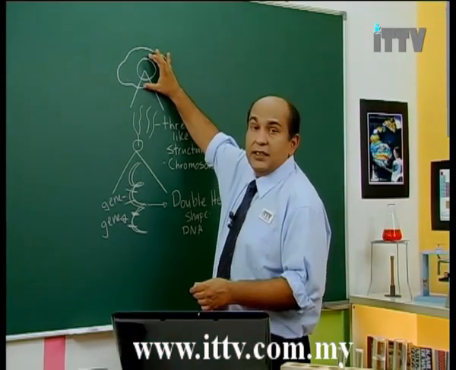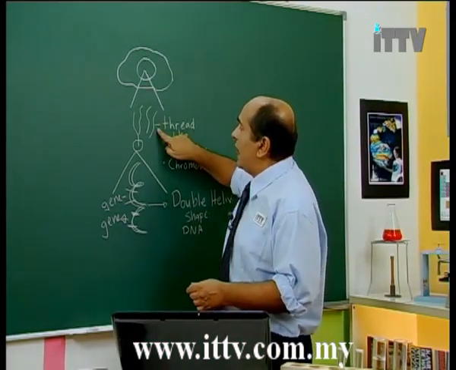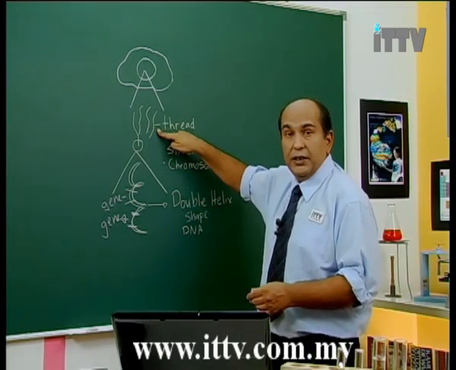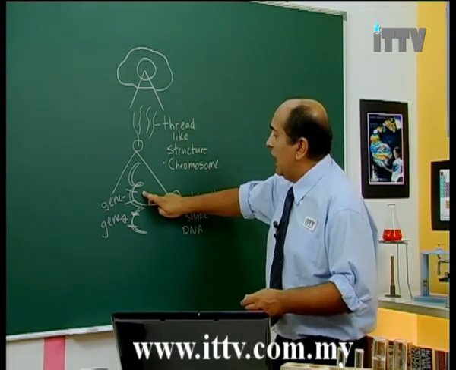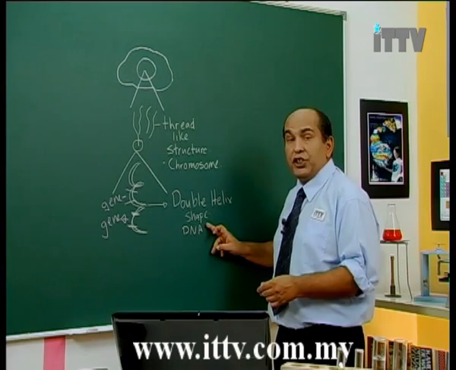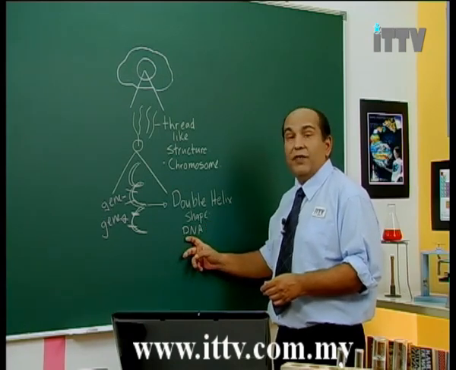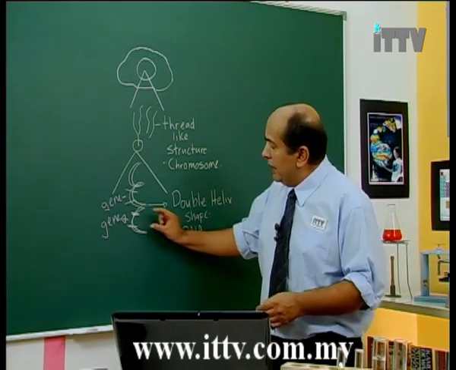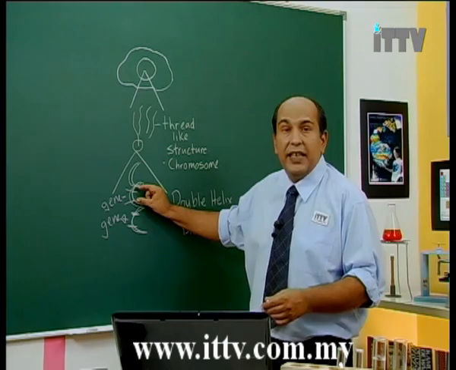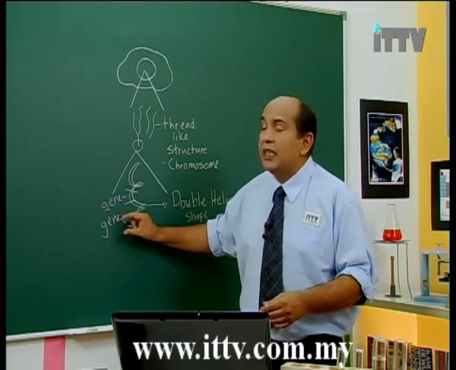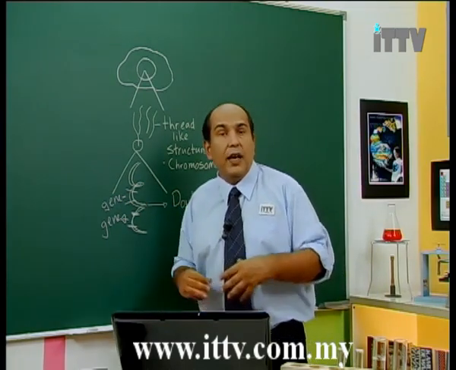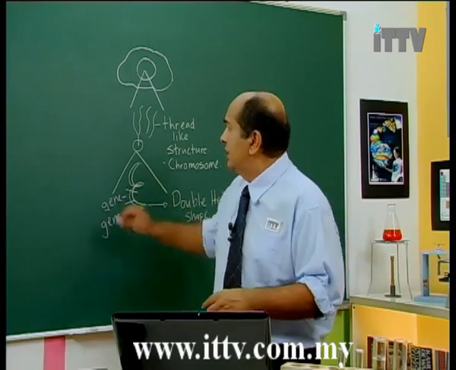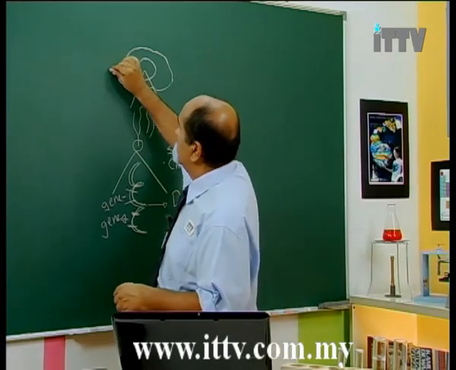A nucleus. In the nucleus we have chromosomes. The chromosomes are in a double helix shape made out of DNA, and individual bits of the DNA represent a gene.